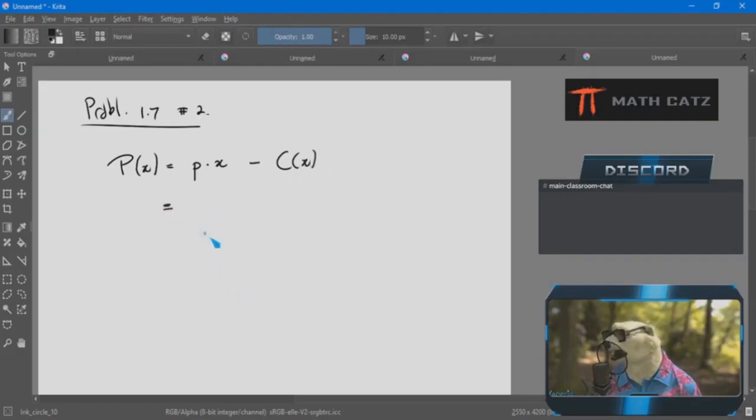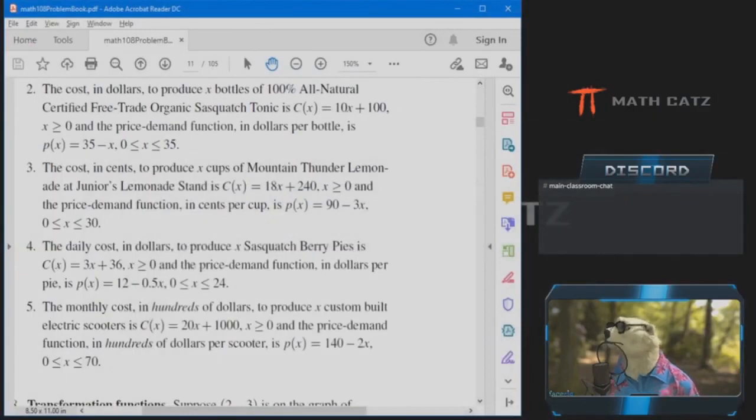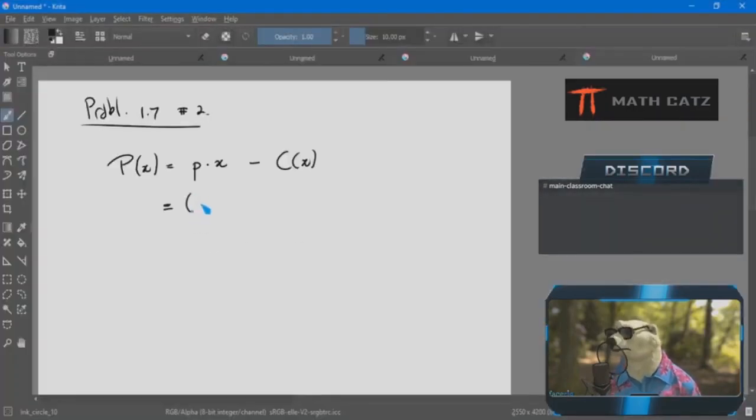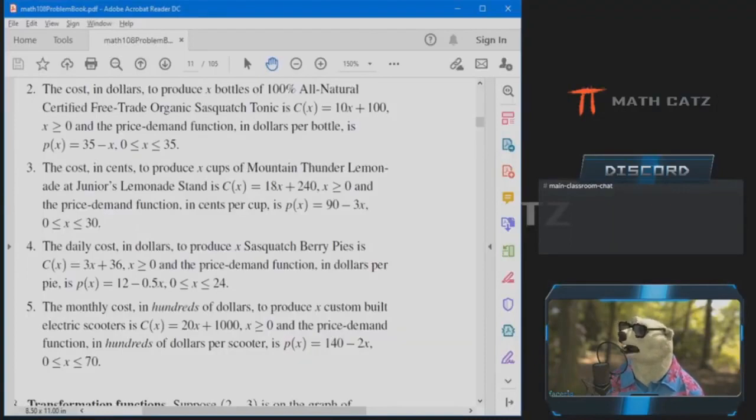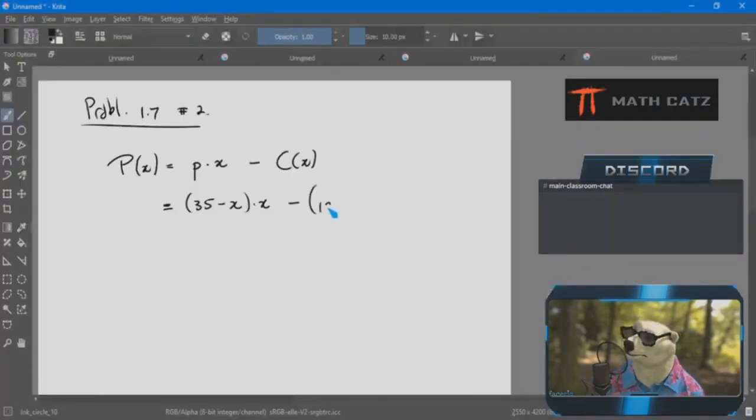And the price first is 35 minus X. So 35 minus X, and it's hard to know how the price and the cost are going to interact with each other to see where the optimal situation is for me. That's why I do this analysis. I have to look at the function, and that then tells me. But I have to simplify the function first. What is the cost? Cost 10x plus 100. Remembering the brackets, 10x plus 100.